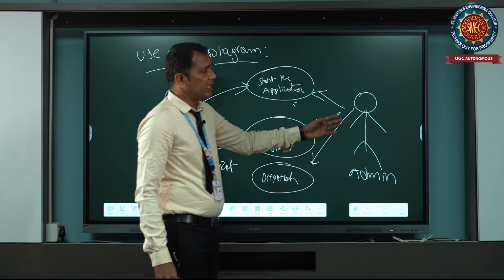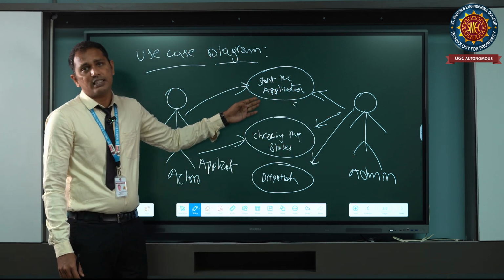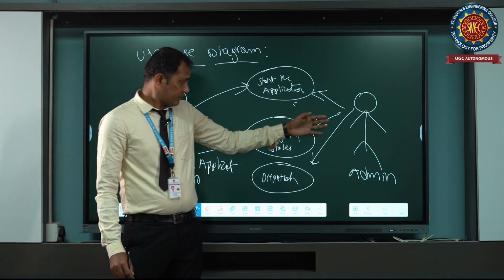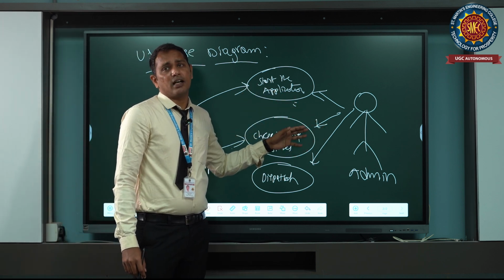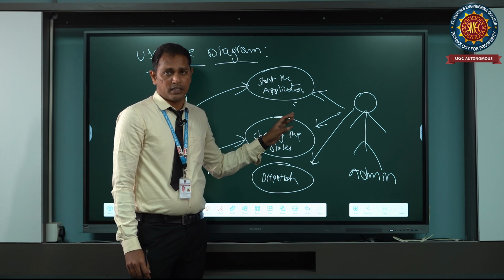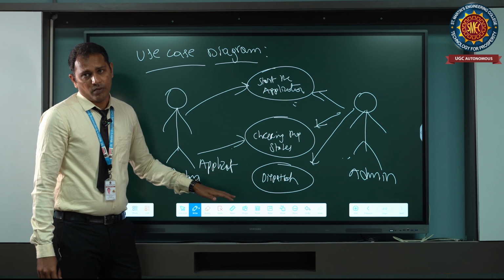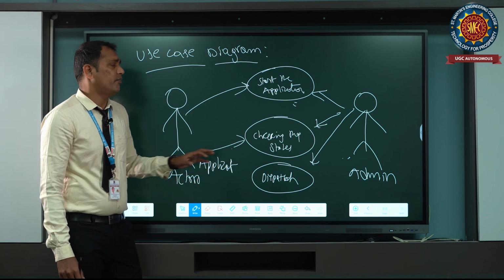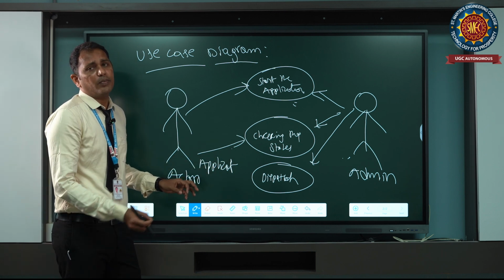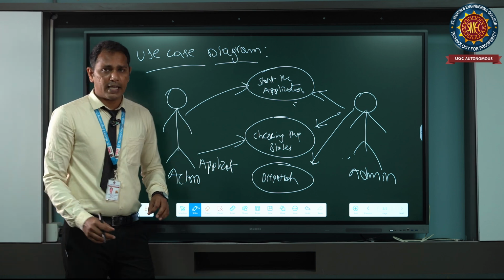He checks whether the name is correct or not, the address is correct or not, and the submission process is correct or not, whether he is the correct person for giving the passport, and he dispatches the passport. This is the main thing that could be used for the use case diagram.